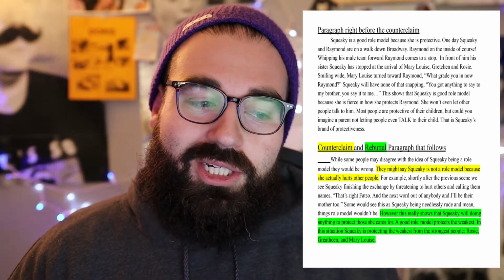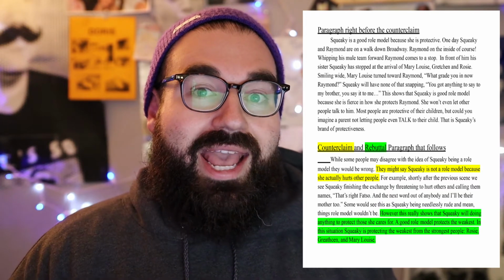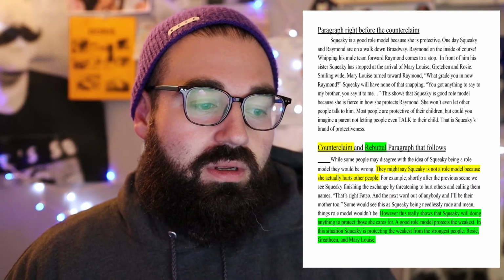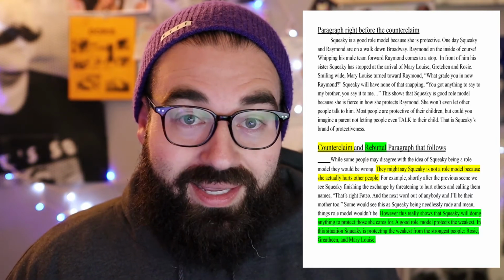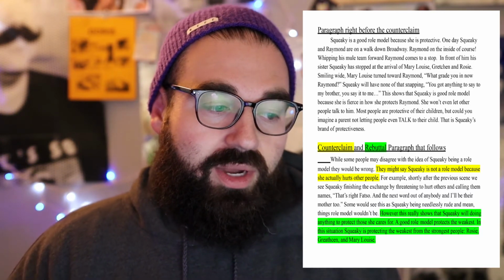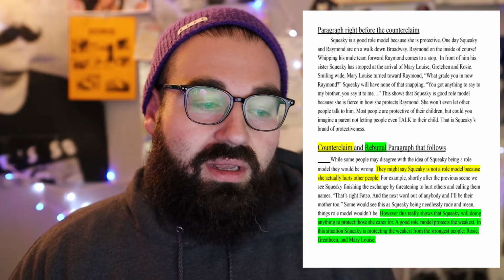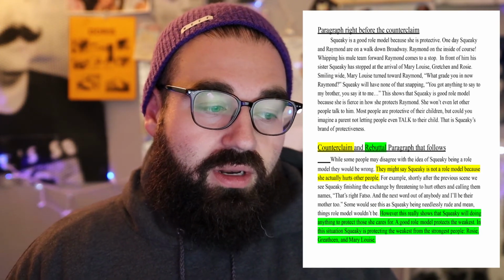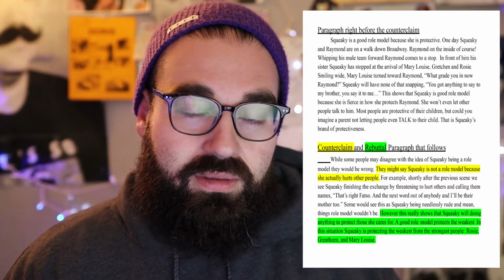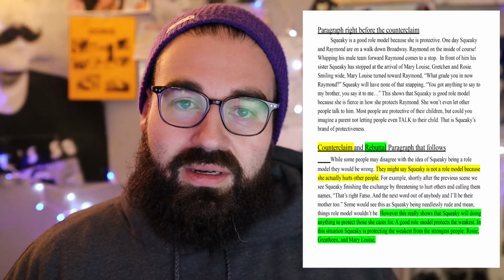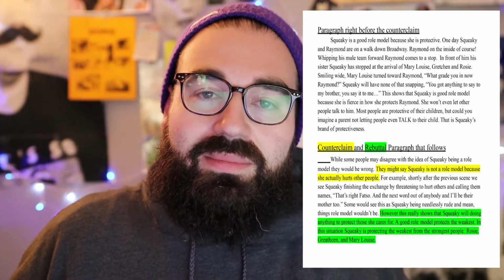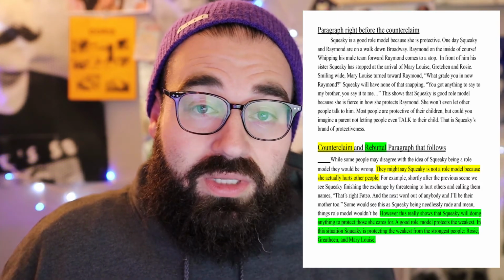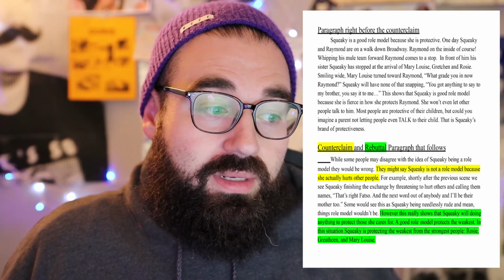However, this really shows that Squeaky will do anything to protect those she cares for. A good role model protects the weakest. In this situation, Squeaky is protecting the weakest from the strongest people, Rosie, Gretchen, and Mary Louise. Do you see what I did there? I set up an opposing argument, a counterclaim.